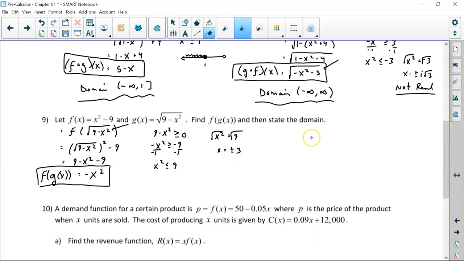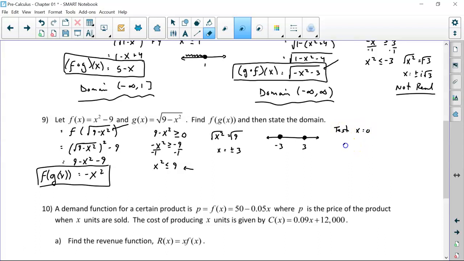Now, graphing it, here's my negative 3, here's my positive 3. Now I go back to my original inequality. X squared less than or equal to 9. I'm going to use solid dots for both because it's or equal to. I'm going to pick a test point in between. I'm going to test x equals 0.